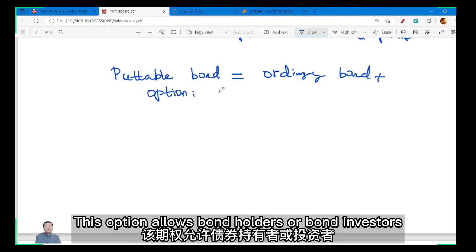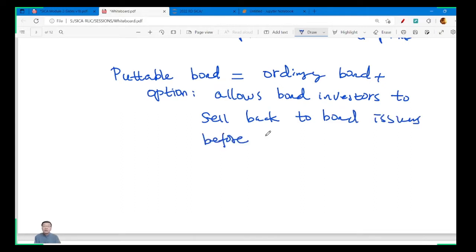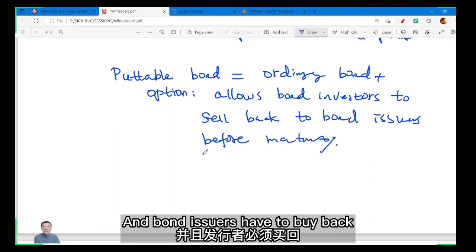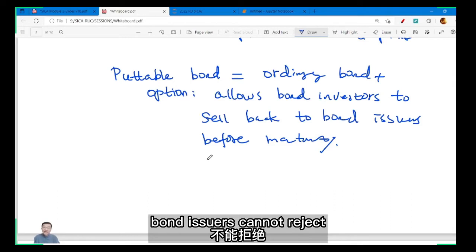This option allows bondholders or bond investors to sell back the bonds to bond issuers before maturity. And the bond issuers have to buy back. Bond issuers cannot reject.